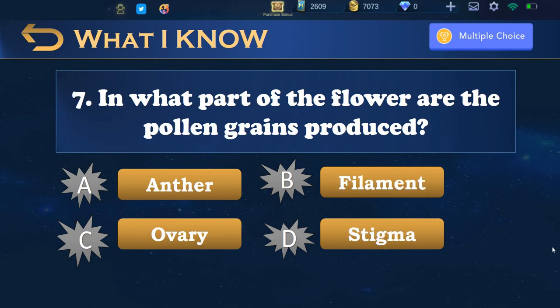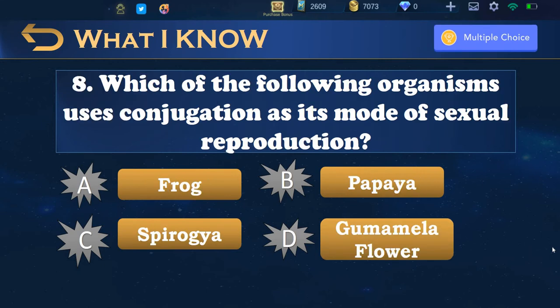Number 7 question. In what part of the flower are the pollen grains produced? Is it A, anther, B, filament, C, ovary, D, stigma? Go. Time is up. The correct answer for number 7 is letter A, anther. Number 8 question.